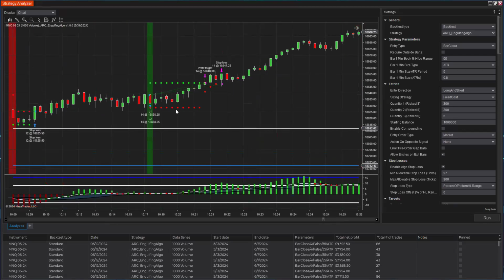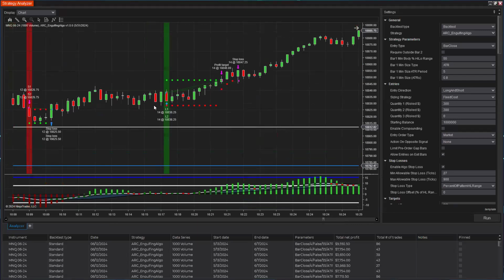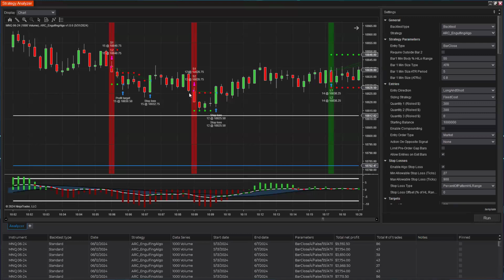Yeah, let's look at this one as another good one. So entry, based on the green. So right at the open of this bar, and then stop trailed up to here, got out of the second position right there, hit target on the first. So really it was about the same either way on that one. This one did not hit target, only hit stop on the full thing.